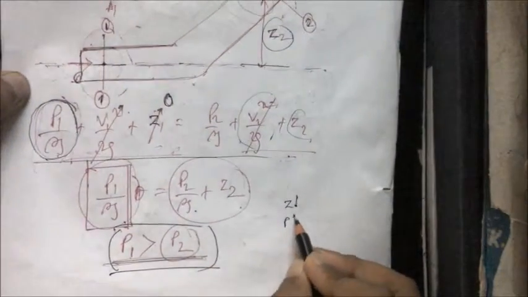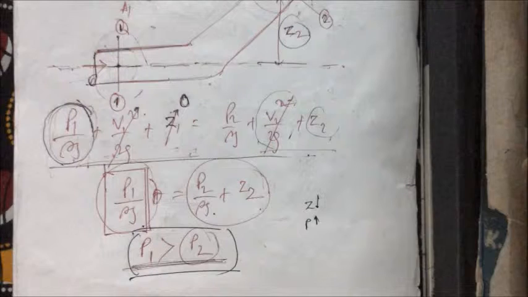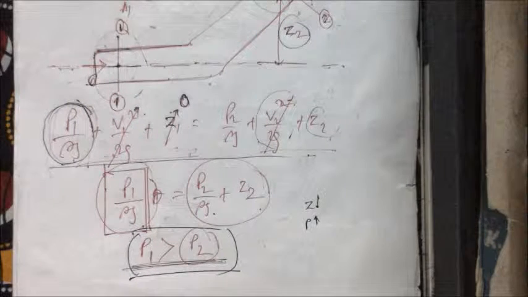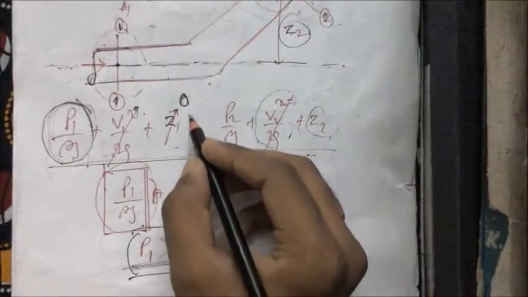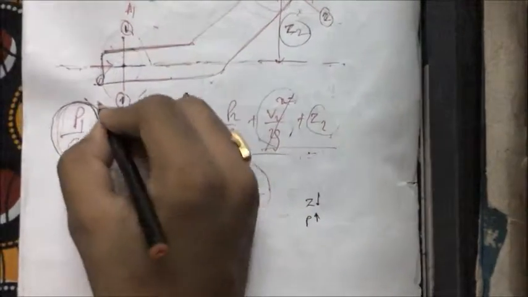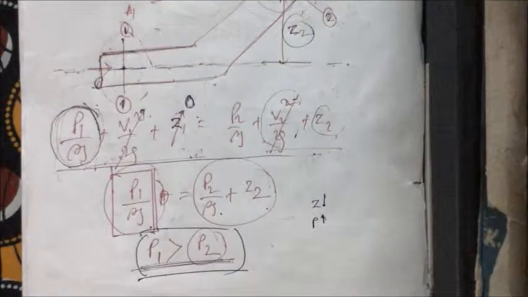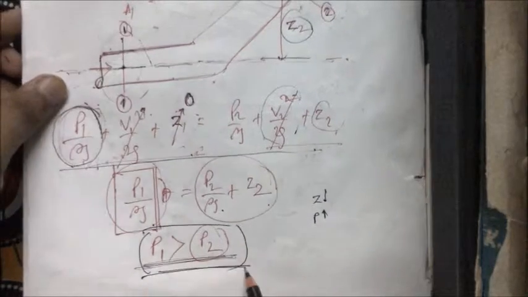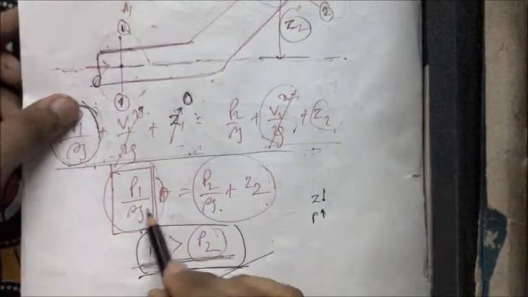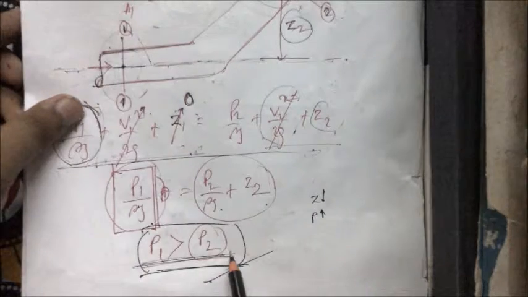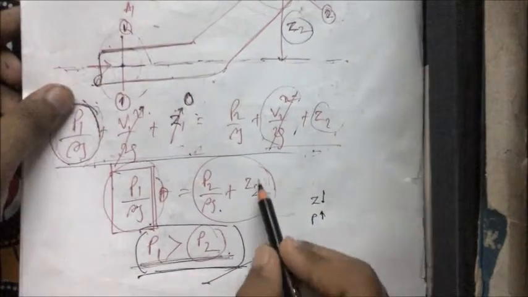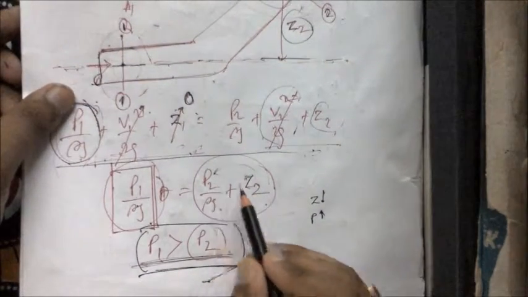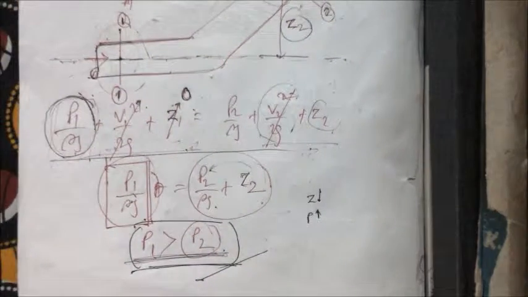This is the Bernoulli's equation, which is based on the conservation of energy. If your potential energy goes down, pressure energy has to go up to balance this. So you can get here that P1 is of course greater than P2 because you have to add Z2 with P2 to make it equal.